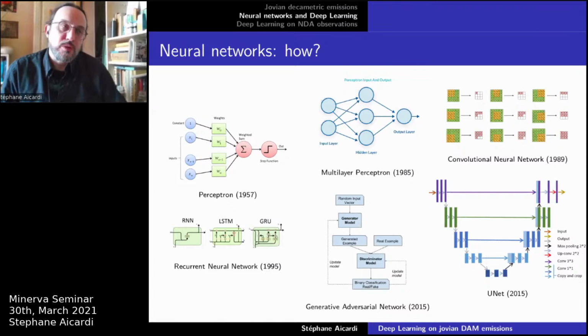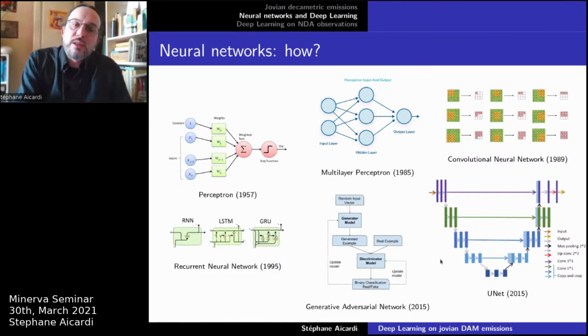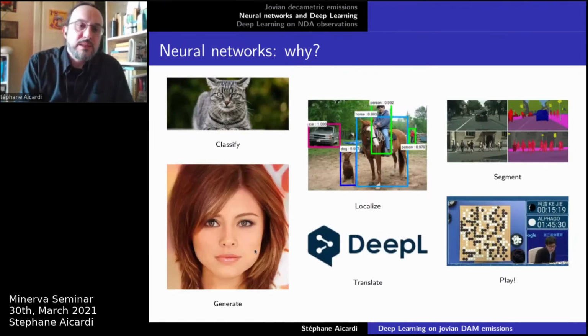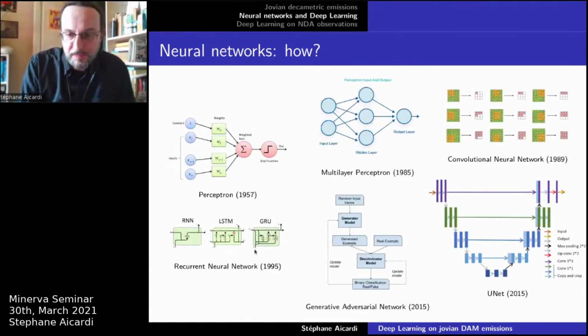The thief wants to make fake banknotes, and the police want to know if a banknote is real or fake. So we train both models, the one that generates and the one that discriminates, and that's this way that we can obtain that kind of photo.